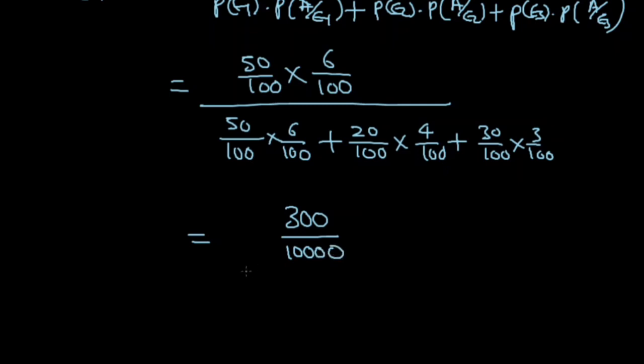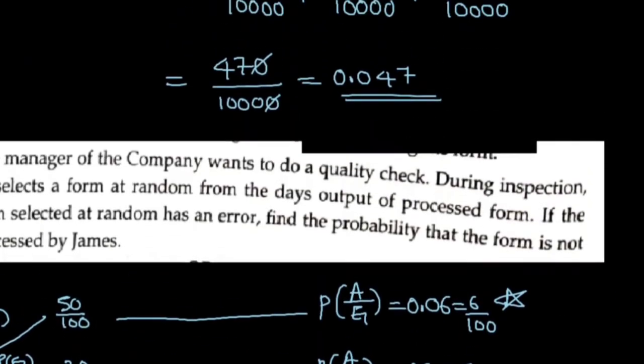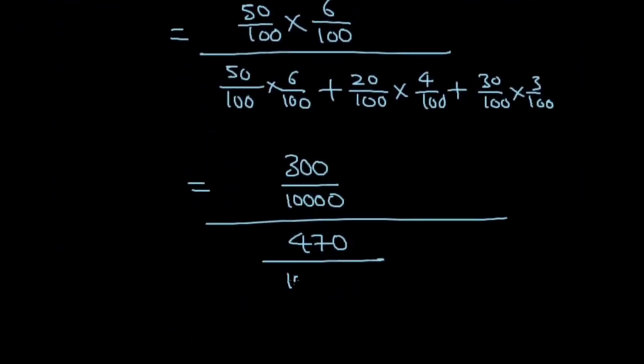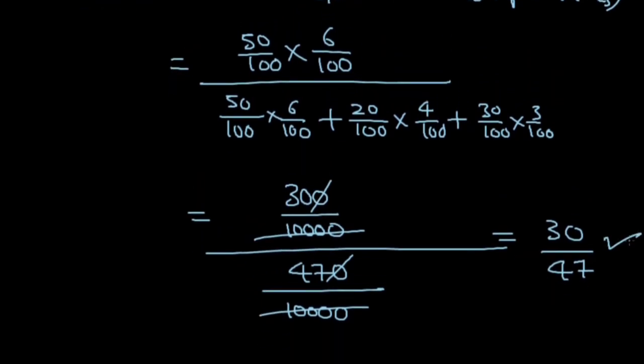The 10,000 cancels, the zero cancels, therefore we got 30 by 47. That's all. This is the solution for the third question.